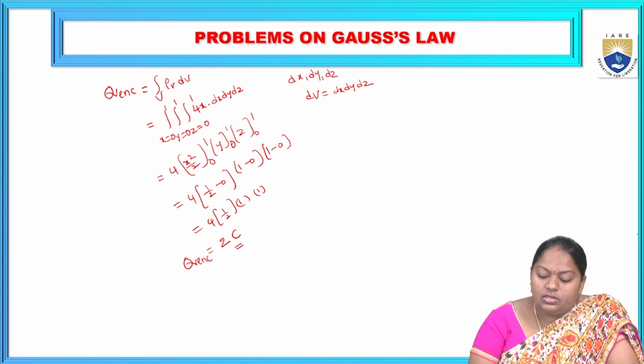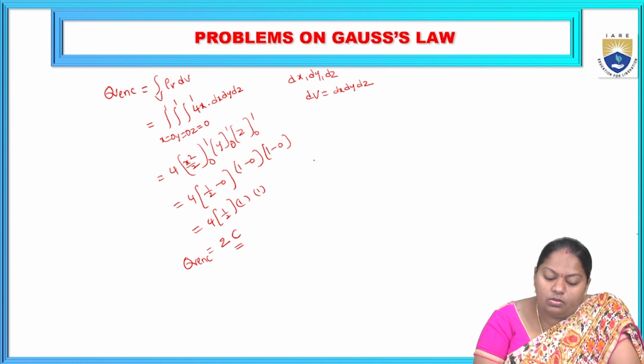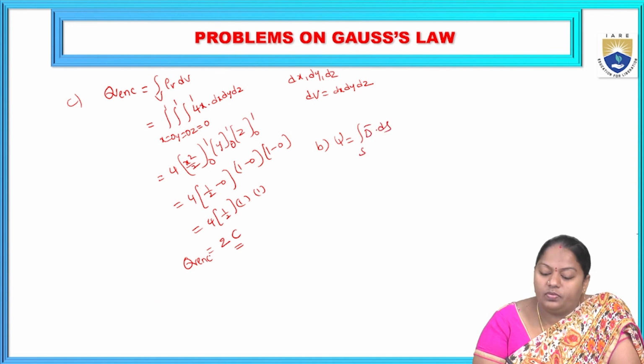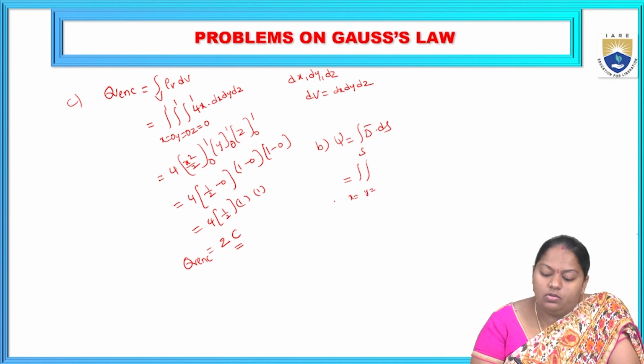Similarly, the flux through any closed surface, this is part C, related to part B, we are going to evaluate the flux psi. So psi is equal to the closed surface integral of D dot dS.